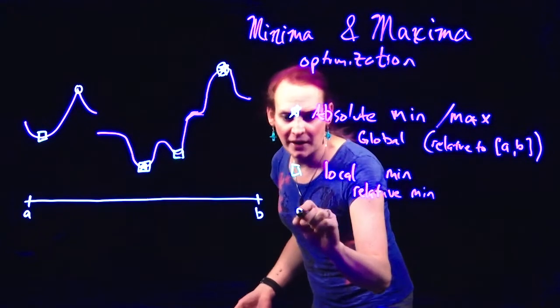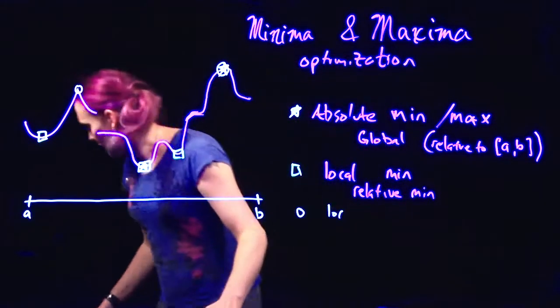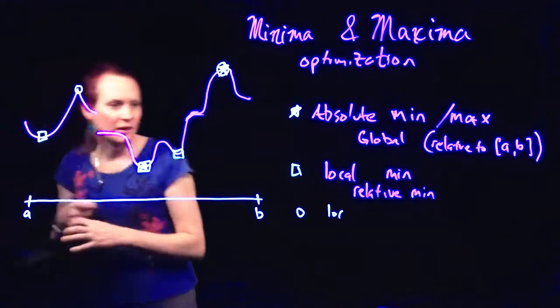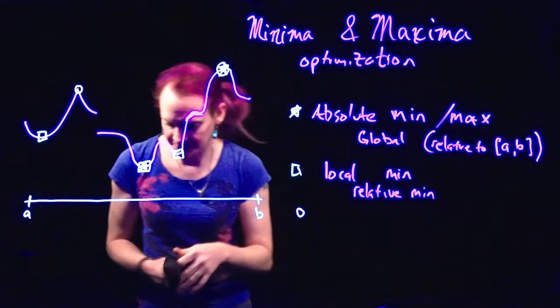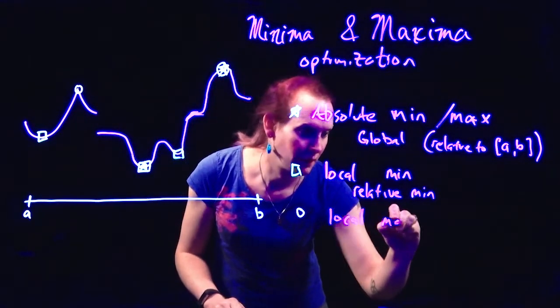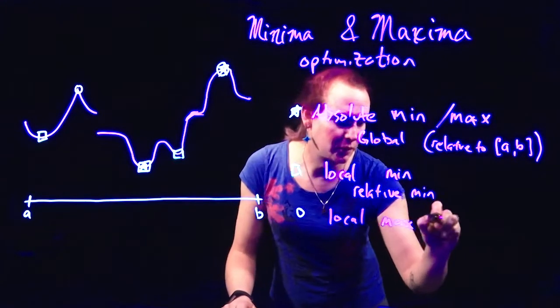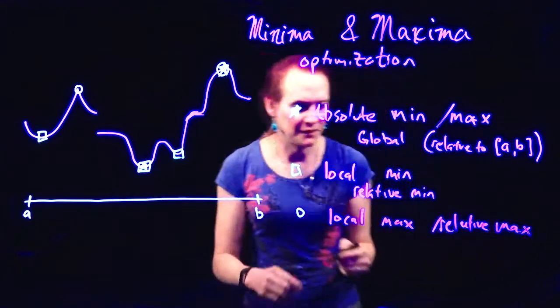So squares are local mins, and I wanted that to be in pink because I love consistency. Circles are local max, or relative maximum.